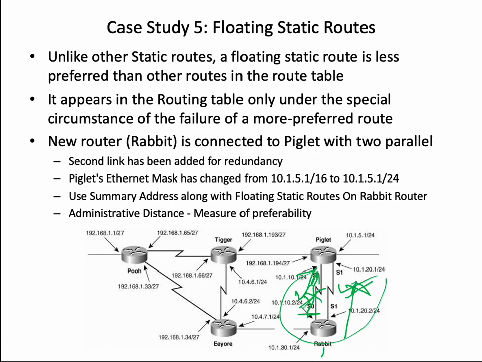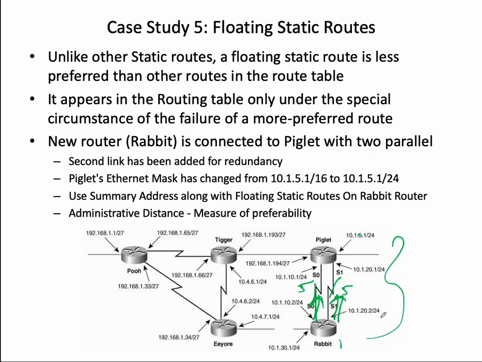What will it do? Equal cost means it will send one packet this way and one packet this way. Again, the second packet from this side and the second from this side. So if you are sending 10 packets from here to here, 5 packets will go via this path and 5 packets will go via this path. So that's equal load balancing, right?